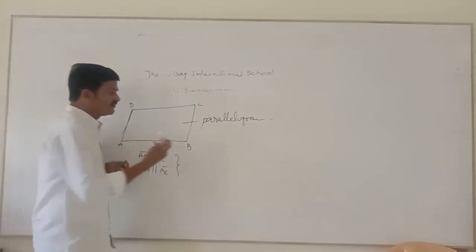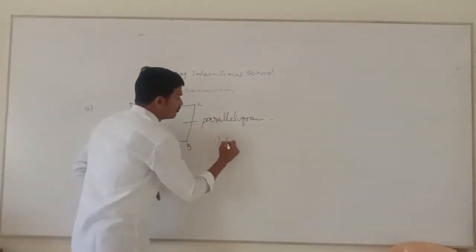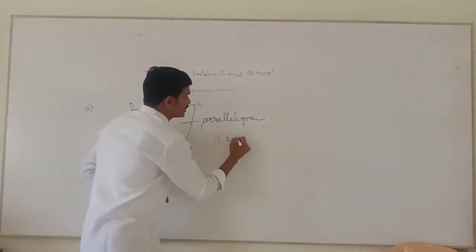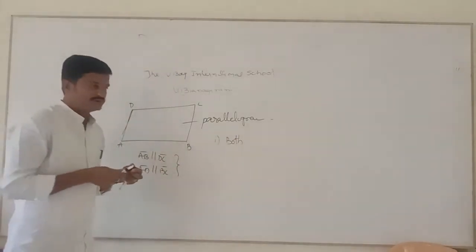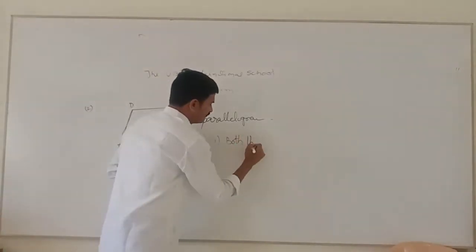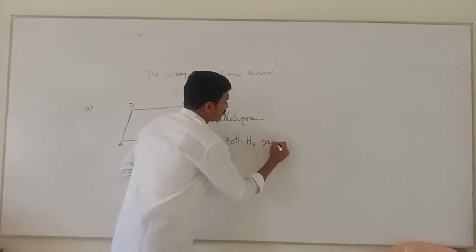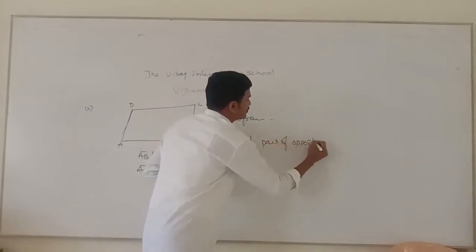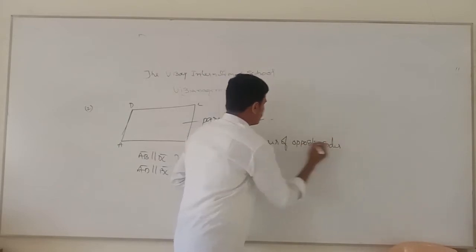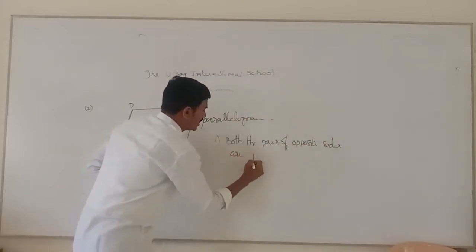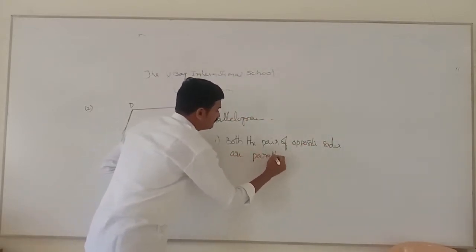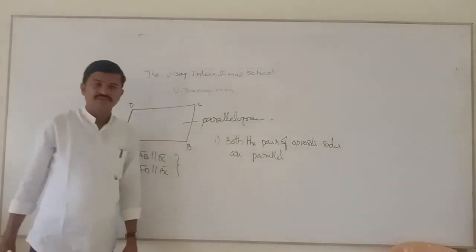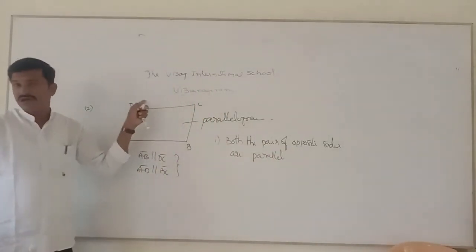What are they? The first one is that both pairs of opposite sides are parallel, in a parallelogram.